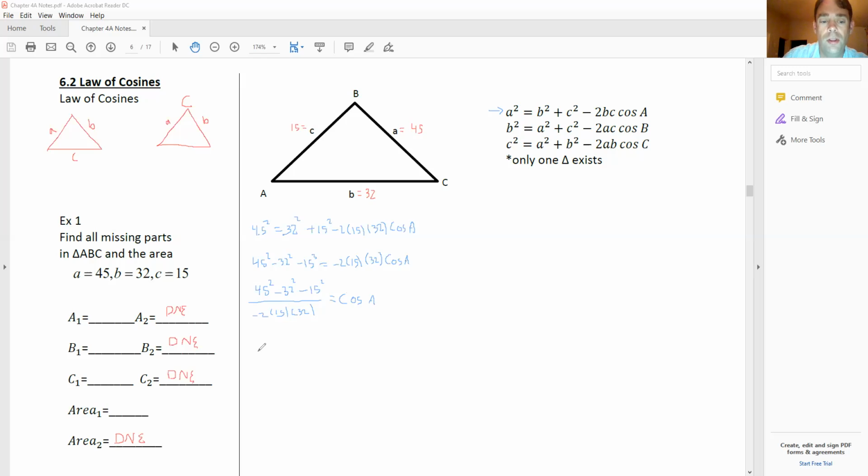And so we're going to do our inverse cosine to get A by itself. So that means A is the inverse cosine of all of this. And again, you can just type it literally right into your graphing calculator here to figure out what A is.